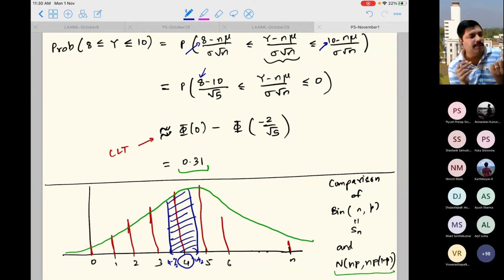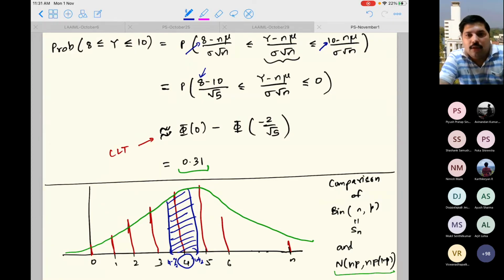A discrete random variable has probability mass, which in the probability density function you will ignore, because at a particular point the probability is 0. That's the problem. When you have a discrete random variable, what we typically do is look at 7.5 instead of 8, and 10.5 instead of 10.